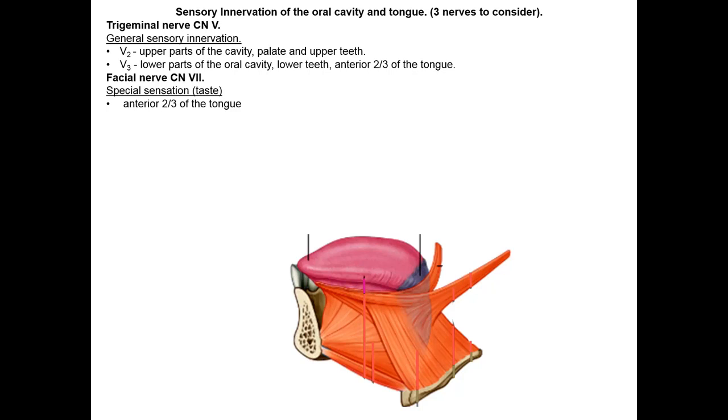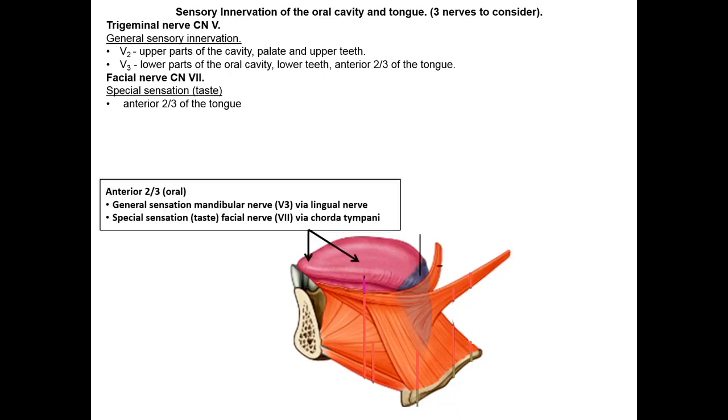Secondly, we have the facial nerve, cranial nerve 7. This provides taste to the anterior 2/3 of the tongue. So we can summarize this as general sensation coming to us via the lingual nerve, which is part of the third division of the trigeminal nerve.